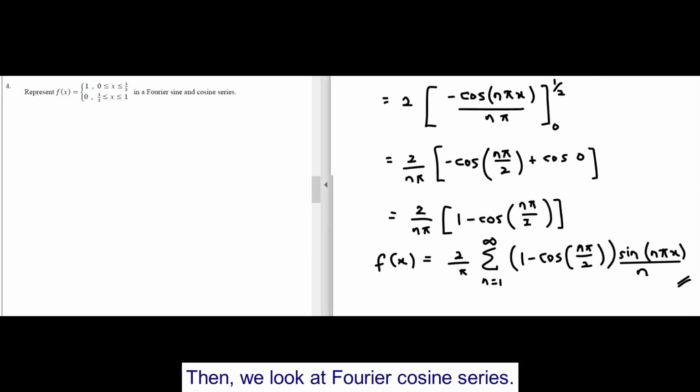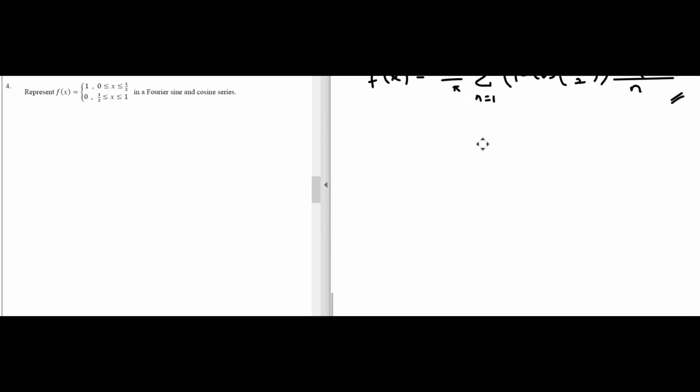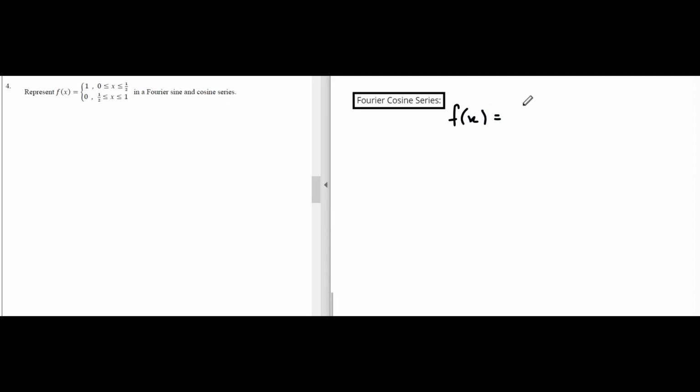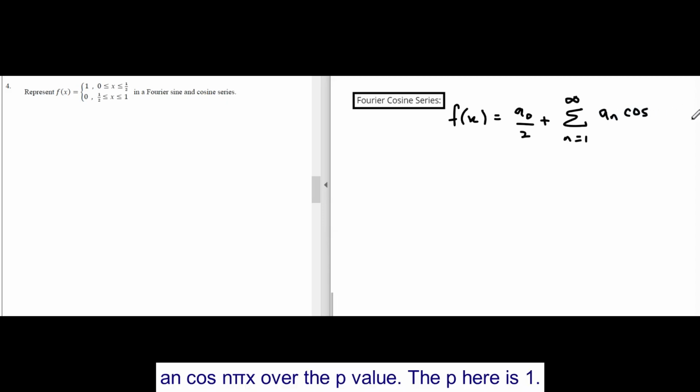Then we look at the Fourier cosine series. The formula is given by an cos n pi x over the p value.